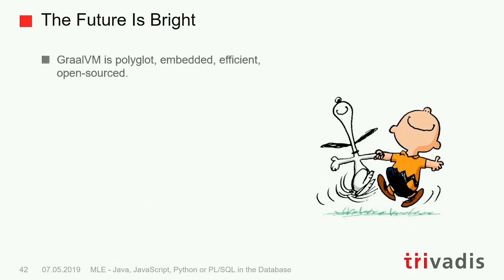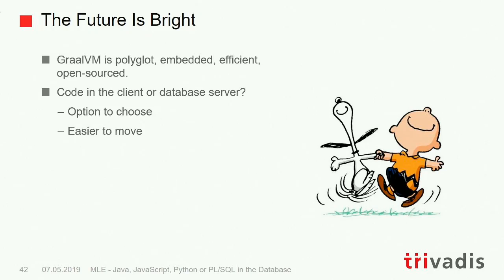So we get everything which is cool with the GraalVM in the database, and we now have the option to choose where I want to run the code. There are cases where it's obvious I have to run it on the browser side. It does not make sense to run everything in the database. And there are cases where it's obvious that I have to run it in the database.